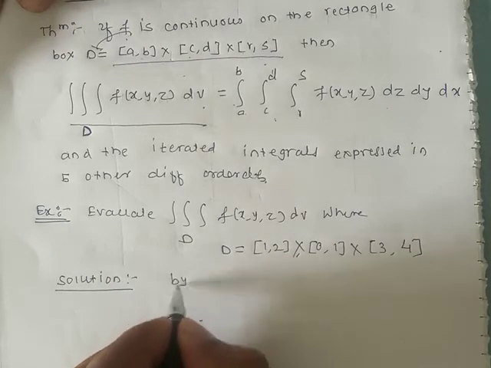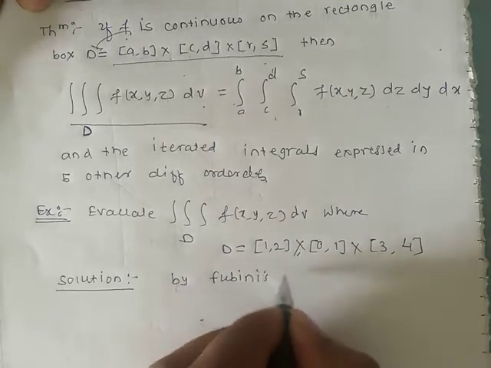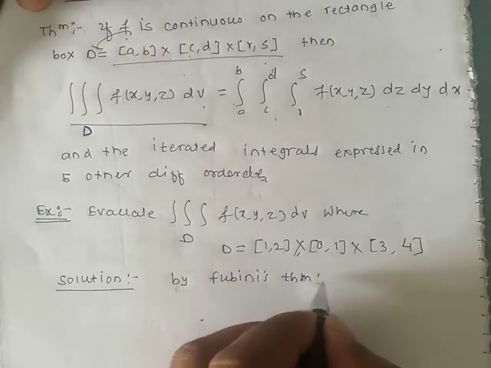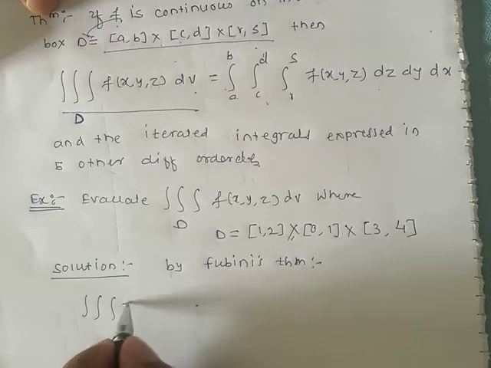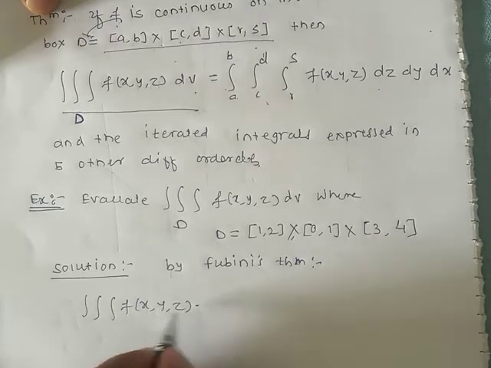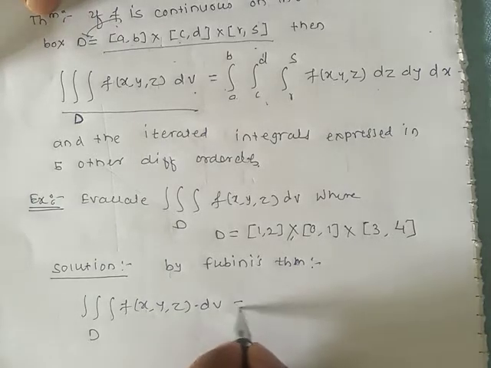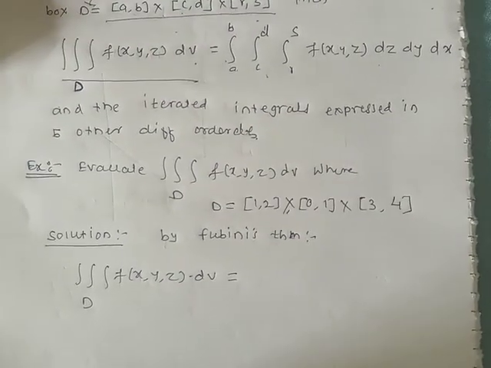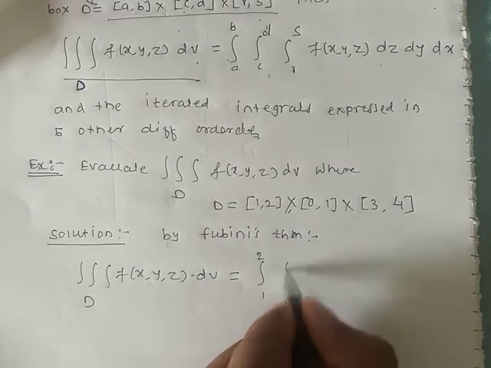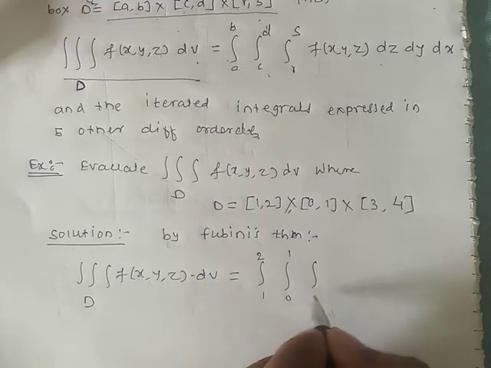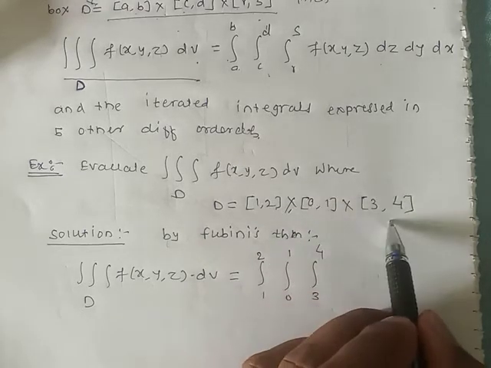So by Fubini theorem, the triple integration of f of x, y, z dV with respect to D is equal to the integration from 1 to 2, integration from 0 to 1, integration from 3 to 4, because these are the rectangles.